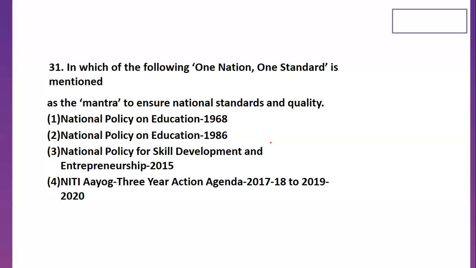Okay, so one nation, one standard is a mantra from which of the following? It's with reference to national standards and quality. So that is the National Policy for Skill Development and Entrepreneurship. This is the mantra which is basically for one nation, one standard when it comes to national standards and quality. Right?